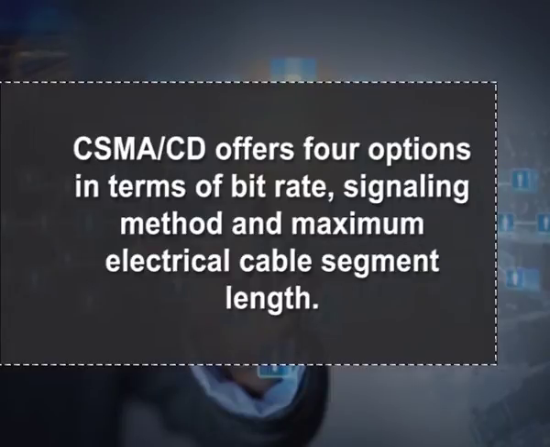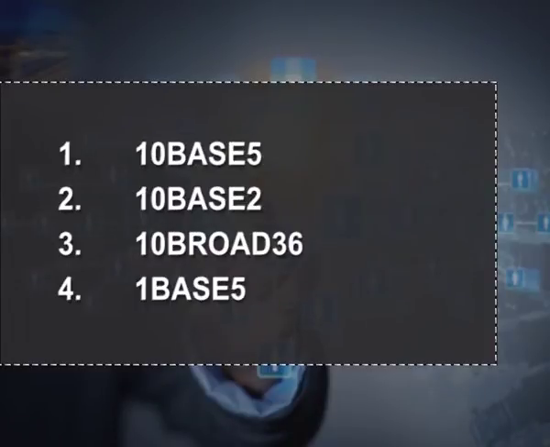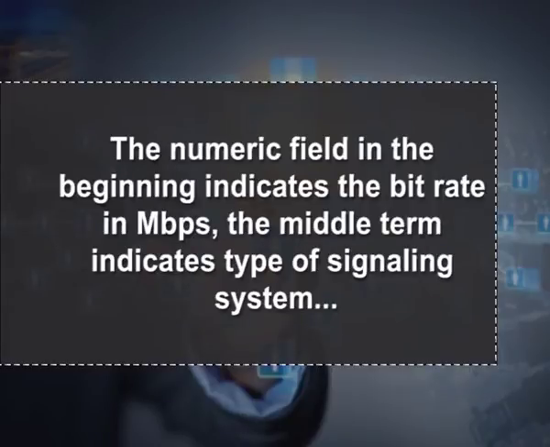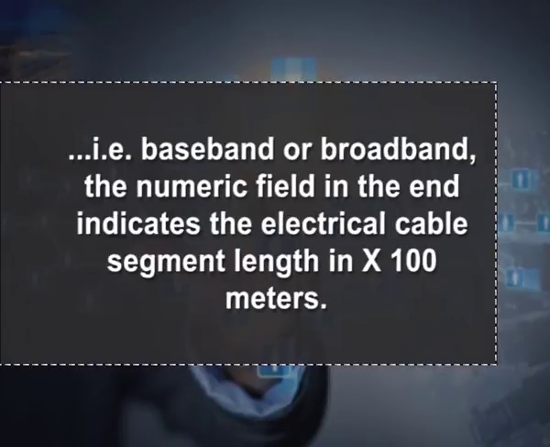CSMA-CD offers 4 options in terms of bit rate, signaling method and maximum electrical cable segment length. These are 10 base 5, 10 base 2, 10 broad 36 and 1 base 5. The numeric field in the beginning indicates the bit rate in Mbps. The middle term indicates the type of signaling system, that is baseband or broadband.